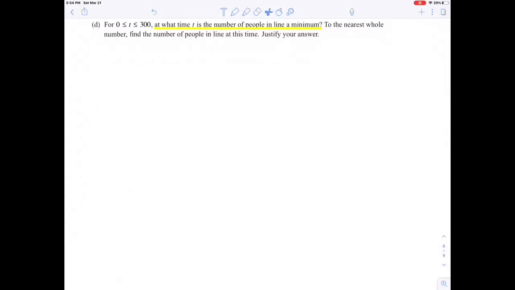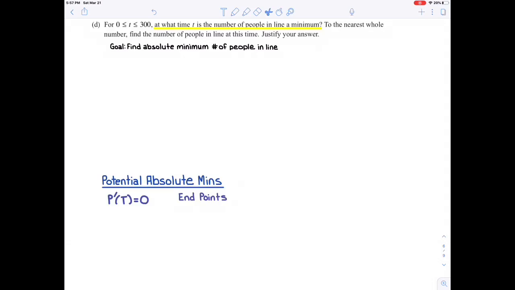We want to find the time when there is the least number of people in line. What it's asking us to do is find the absolute minimum. Potential absolute mins come from where the first derivative of the primary function equals 0 or the endpoints.